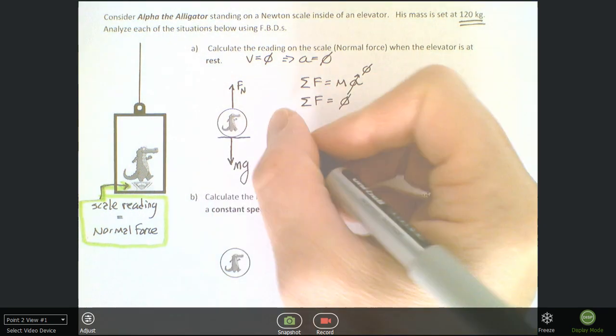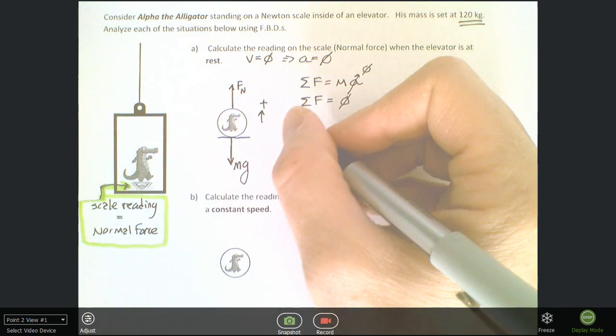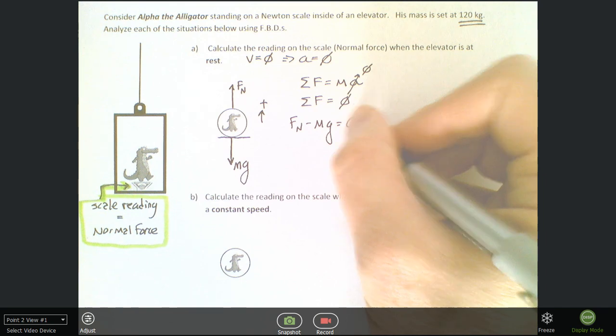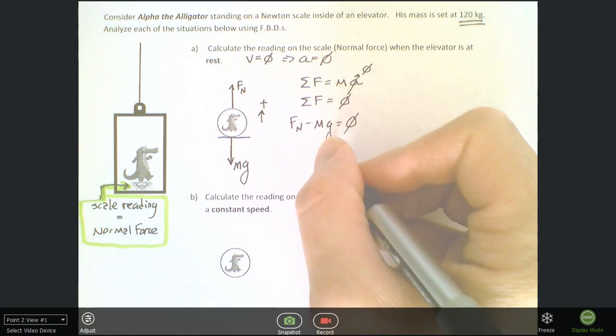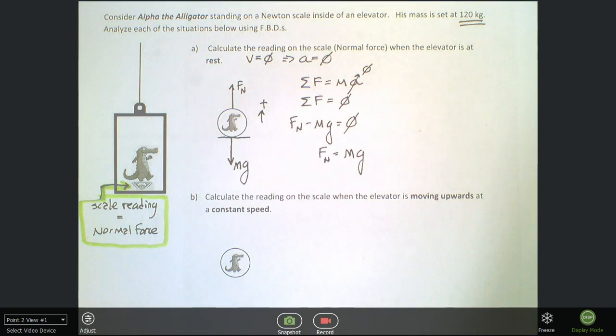And the reading on the scale, so I'm just going to choose up positive for all these questions. It's Fn minus mg equals 0. So the normal force is equal to the weight in this very specific case.